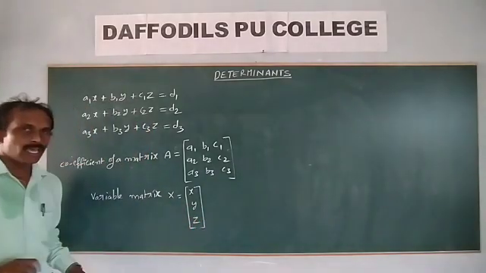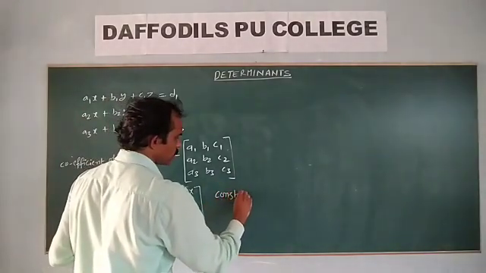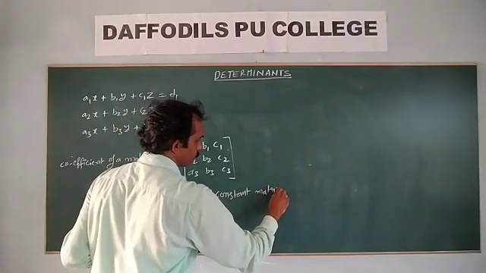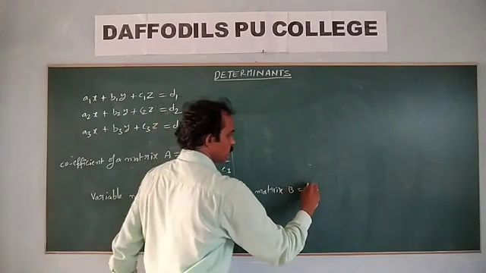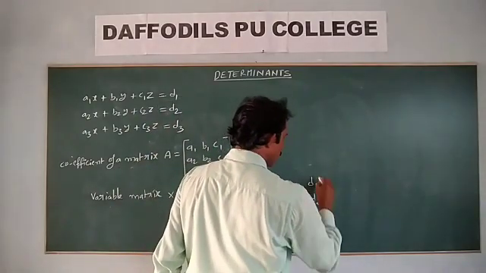Next, the constant matrix B is equal to d1, d2, d3.